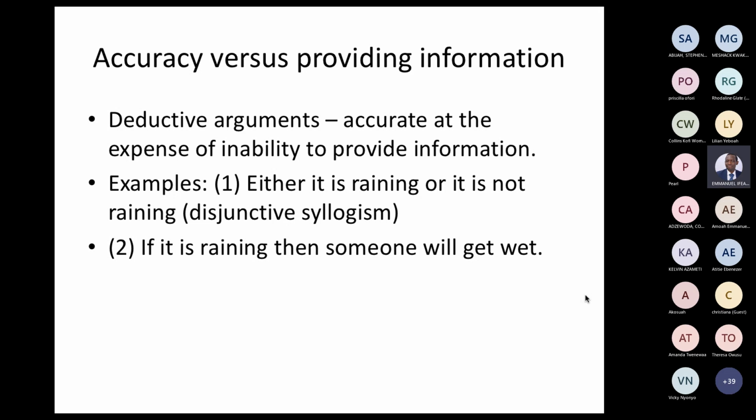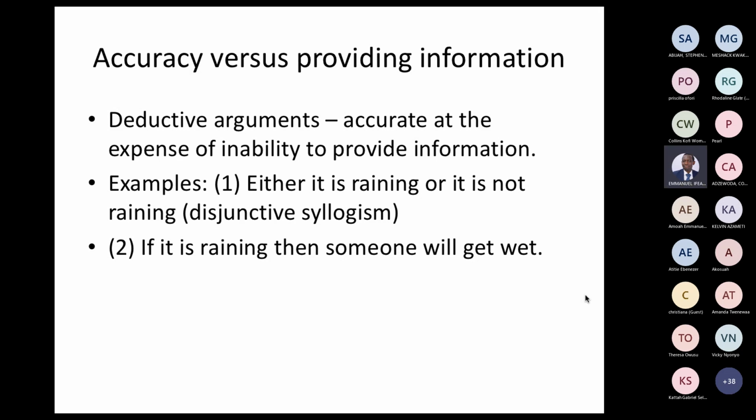Now, premise 1, either it's raining or it's not raining, is an accurate statement. It will always be accurate. If it is raining, the statement is accurate. If it is not raining, the statement is still accurate. So this disjunctive statement is accurate for all situations.